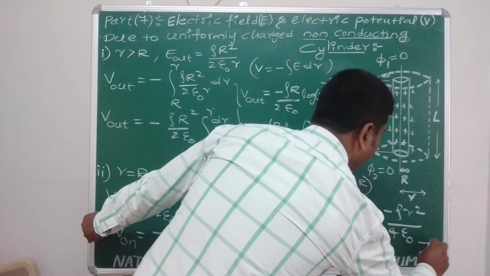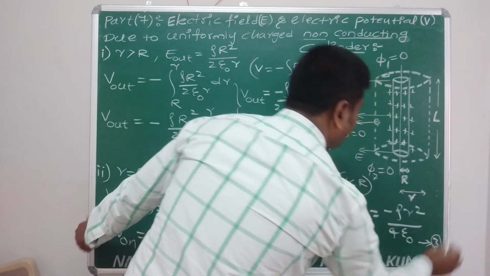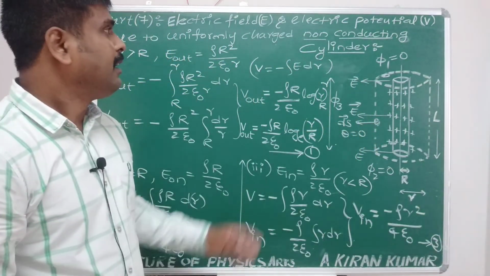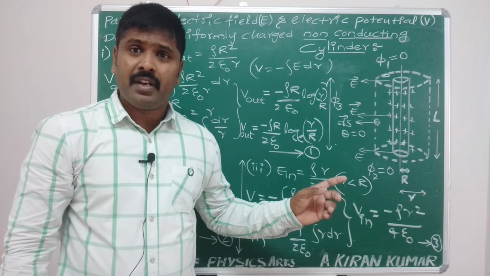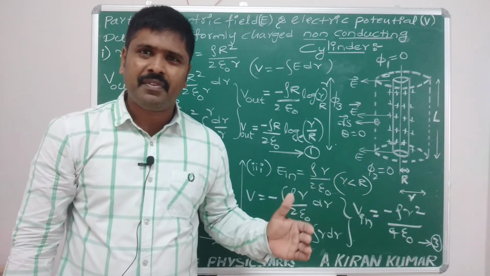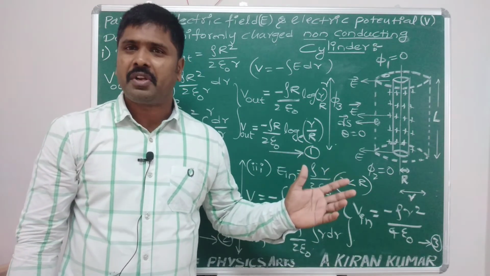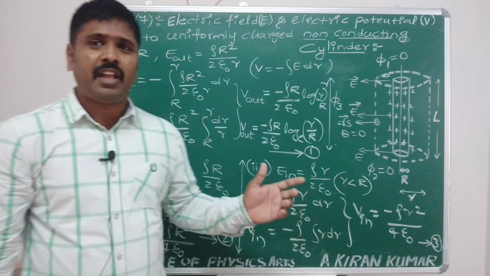This is equation number 3 for the potential inside the non-conducting cylinder. We did it clearly step by step: first the electric field intensity, and next the electric potential based on the E-V-D relation. Thank you.